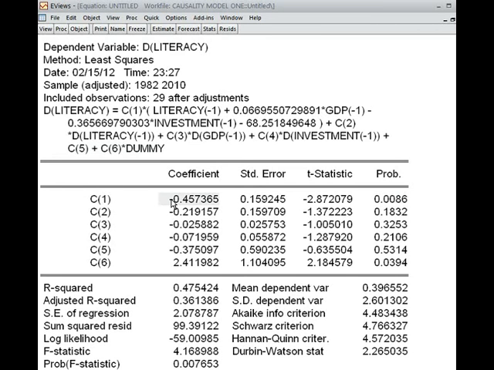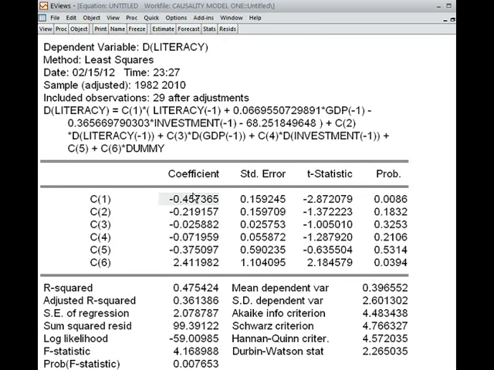One is the error term is significant plus negative. It means that there is a validity of the long run association among all the variables, right?